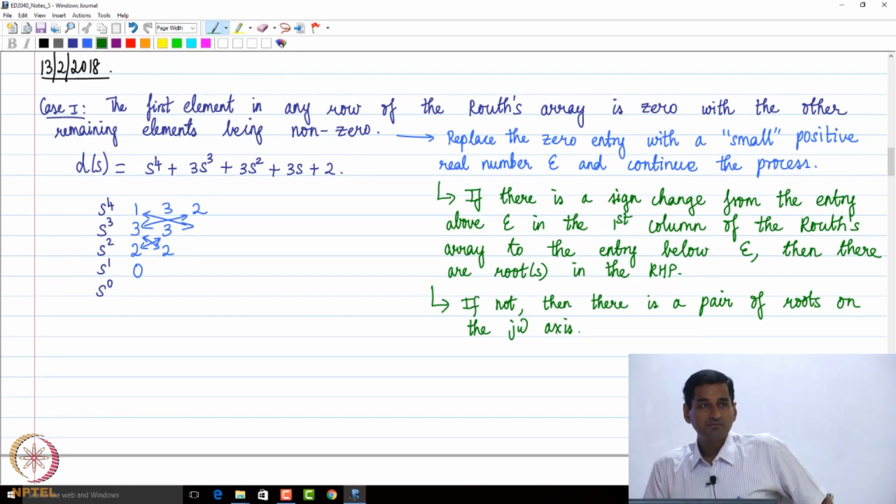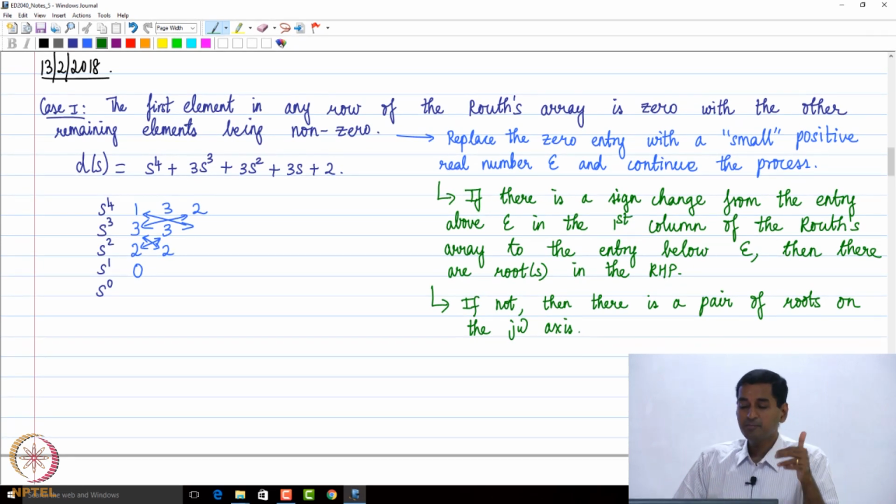So let me repeat what we are doing as a first special case. Let us say you construct the Routh's array and at some point you come to a scenario where the first element in any row happens to be 0, with at least one of the other elements being non-zero.